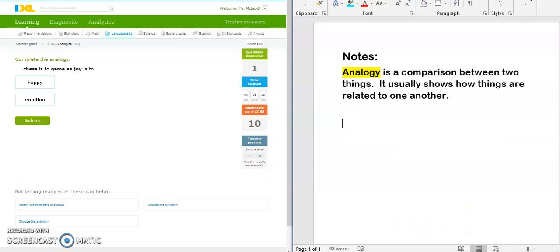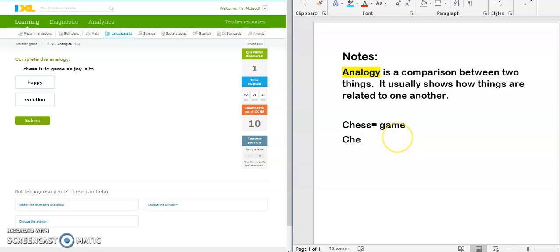So let's try another one just so we can make sure we're getting this correct. All right, so again, analogy is a comparison. Chess is to game as joy is to blank. So chess equals game. All right, chess to game.